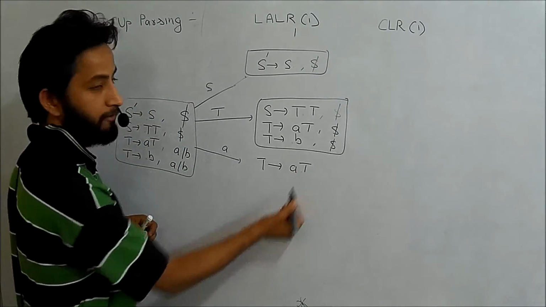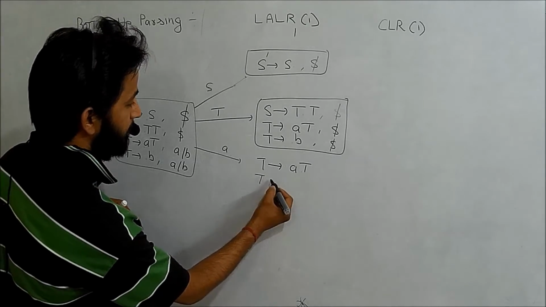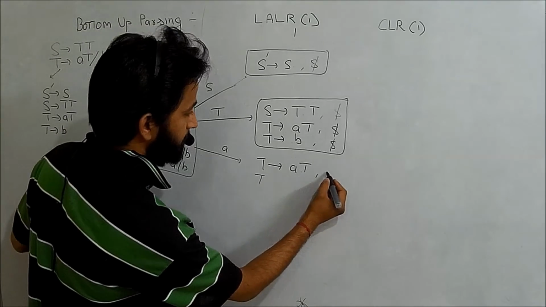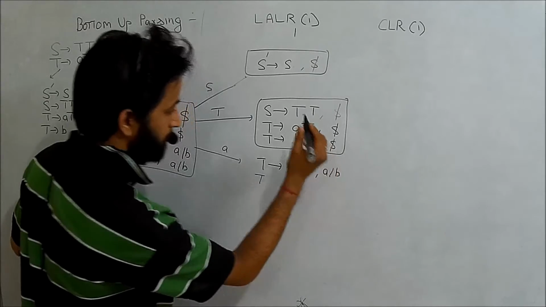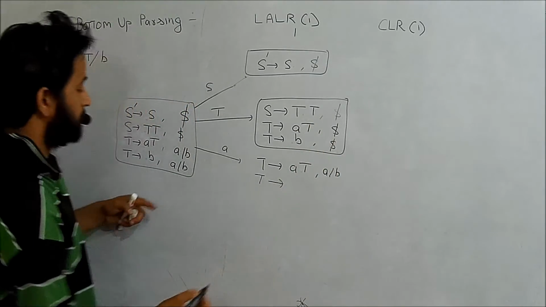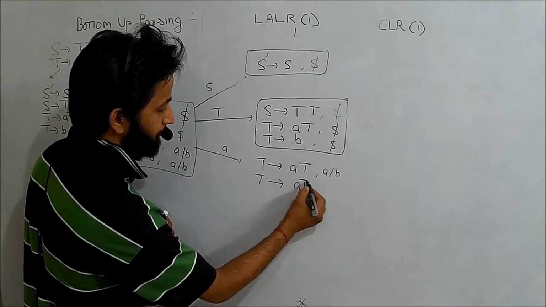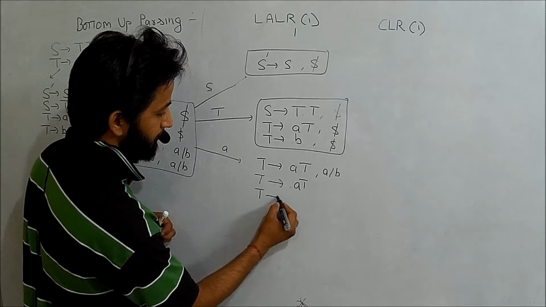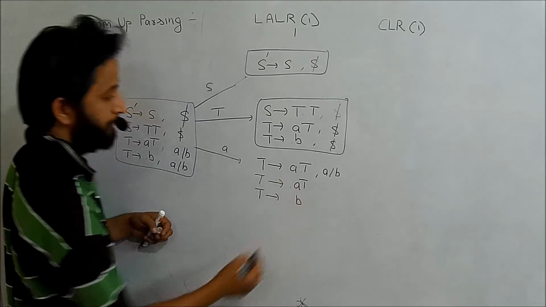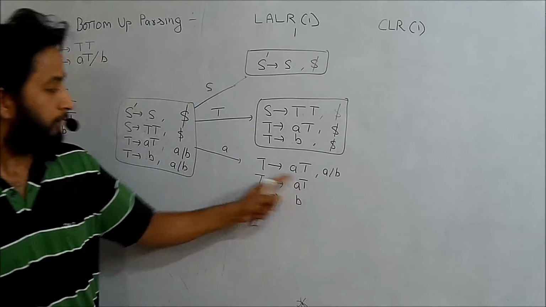So in this case I will have to add the closure of T, and here the look ahead is a and b. So in this case I will add the closure. So closure of T will be dot aT and dot b. Okay, so now here I will write the look ahead for this.